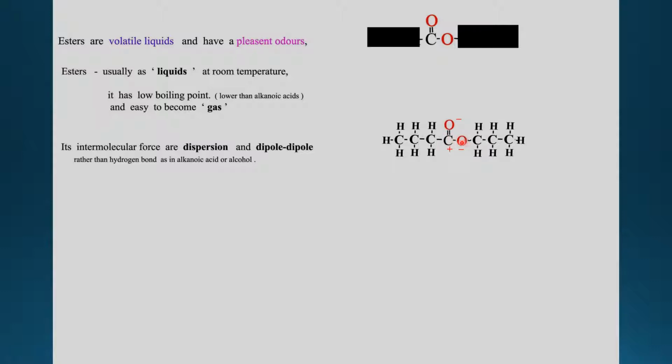So they are slightly polar in the middle, and the rest is made of a hydrocarbon non-polar molecule. So the attraction force between these molecules is going to be dispersion force and dipole-dipole. I'll show an example.